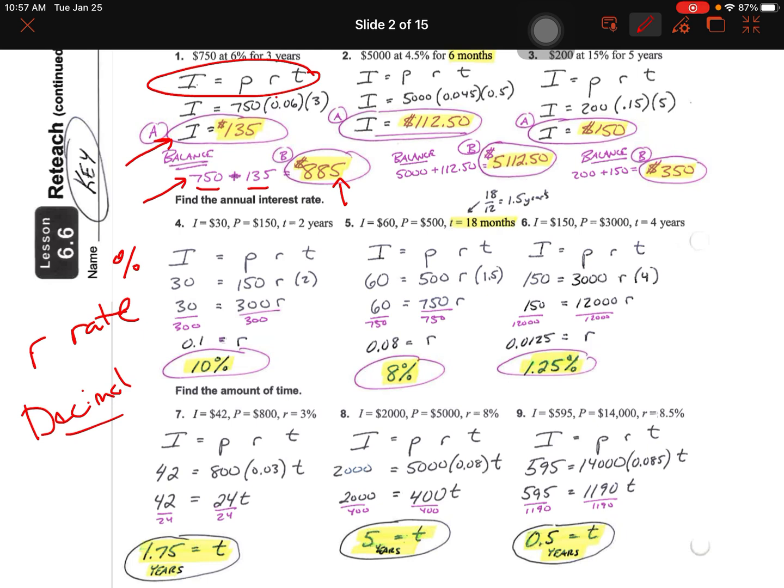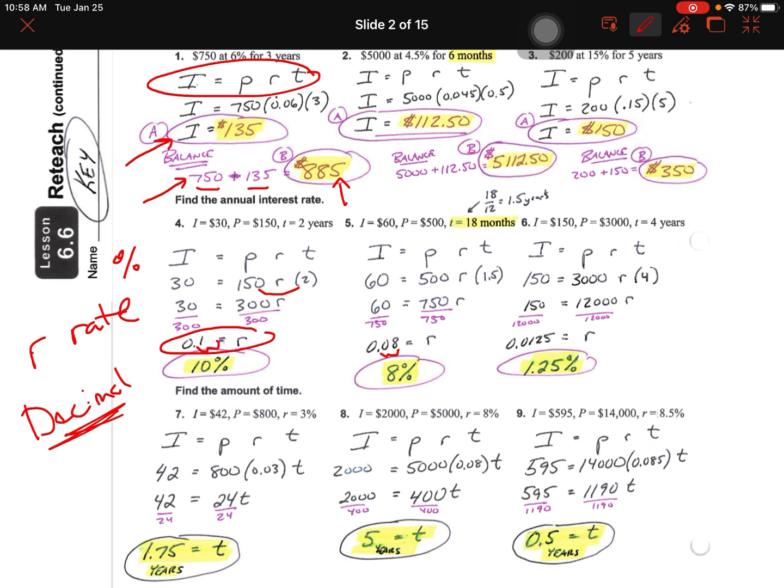On the second section, when you're finding the rate, you're working backwards. So, plug in what you know, multiply those two to get to the 300, divide by 300, and remember, when you get this answer, it's in its decimal form, and you need to move the decimal point over 2 to get it to be 10%. Number 5, you get 0.08, which is really 8%.